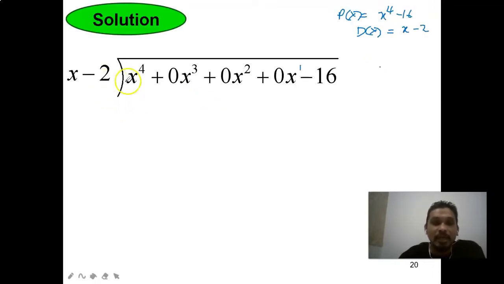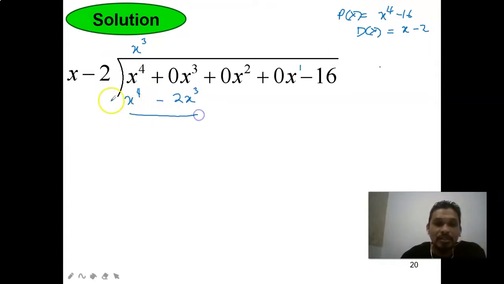Okay, so x power of 4 divided by x is x cubed. Let's try x cubed multiplied with x to the power of 4. x cubed times negative 2, minus 2x cubed.